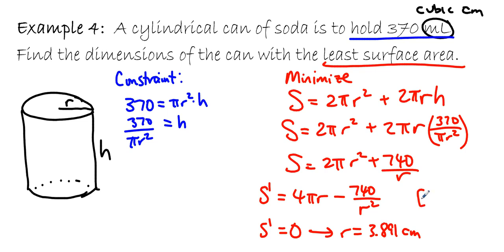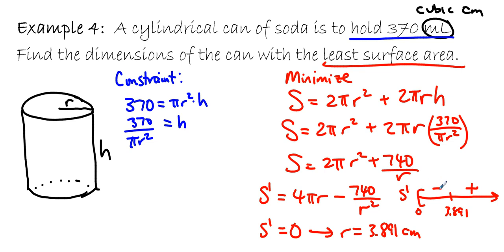And if we were to run an analysis, here's s prime, 3.891, we would find out that on the left side of 3.891, this derivative is negative, and on the right side of 3.891, this derivative is positive.